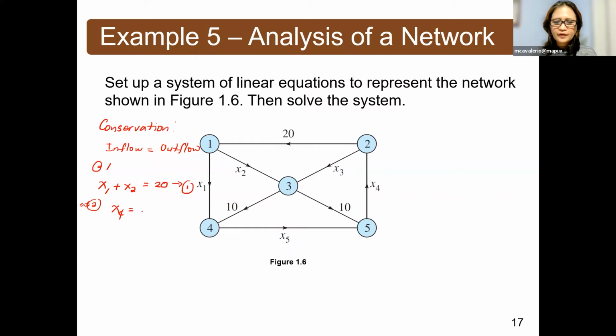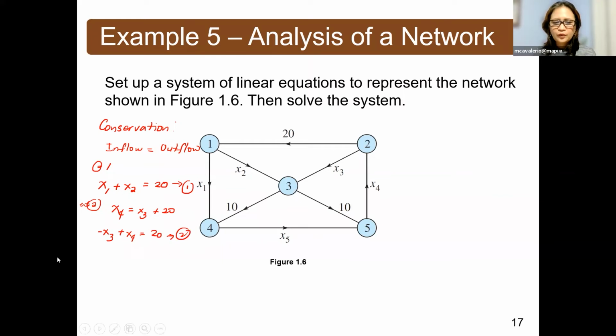So we will have x sub 3 plus 20, or say we will have negative x sub 3 plus x sub 4 is equivalent to 20. Let this be our second equation.